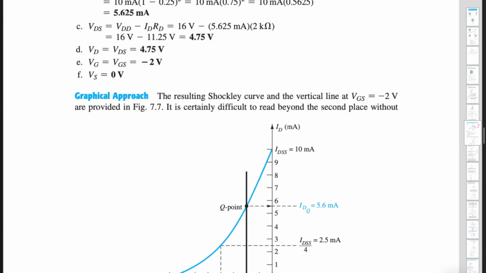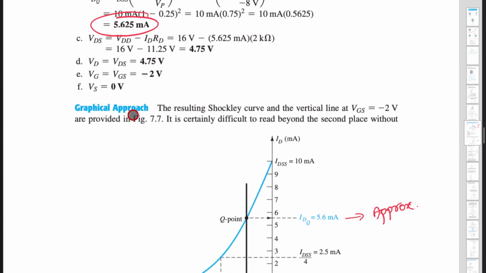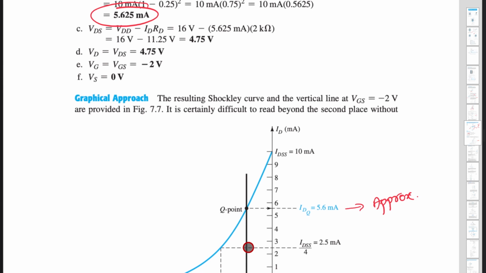VP is minus 8, so minus 8 by 2 is minus 4. So for that you will get almost IDSS by 4. So this is the current. Graphically when you plot, it is almost near to 5.6 milliampere, which we have got here. This is approximate and this is actual.